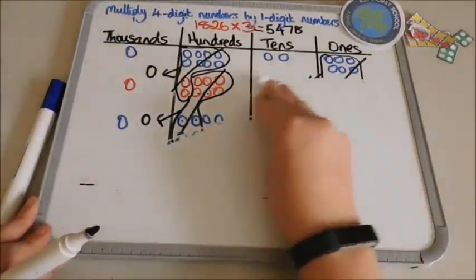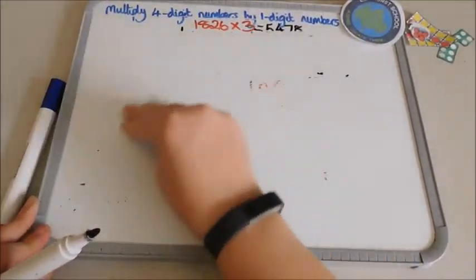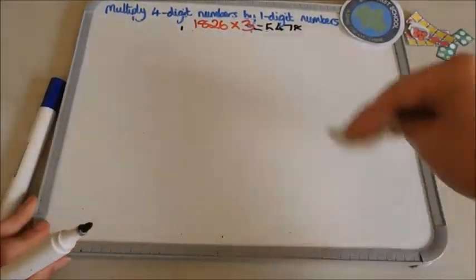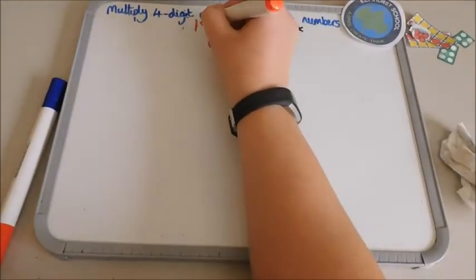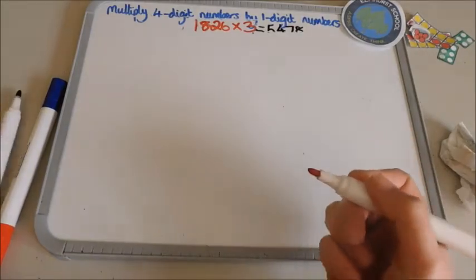So I will now show you the short written method that we can use for this. Okay, so I'm still going to stick with that 1,826 multiplied by 3.